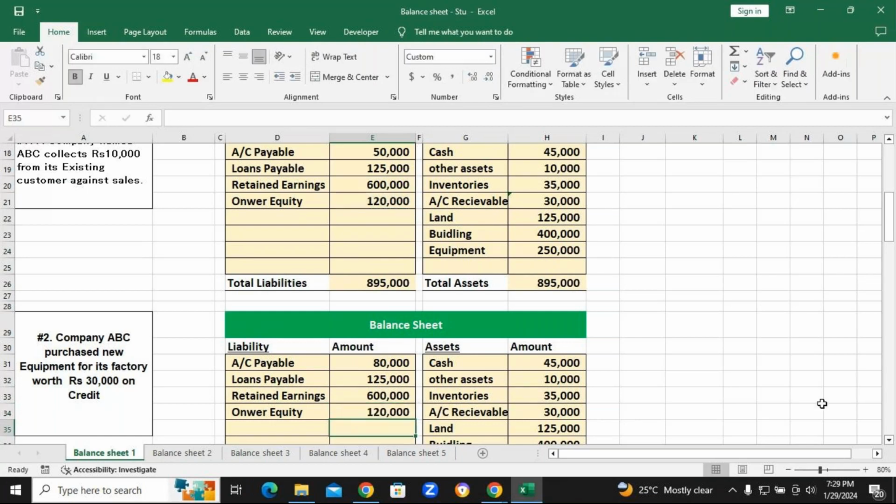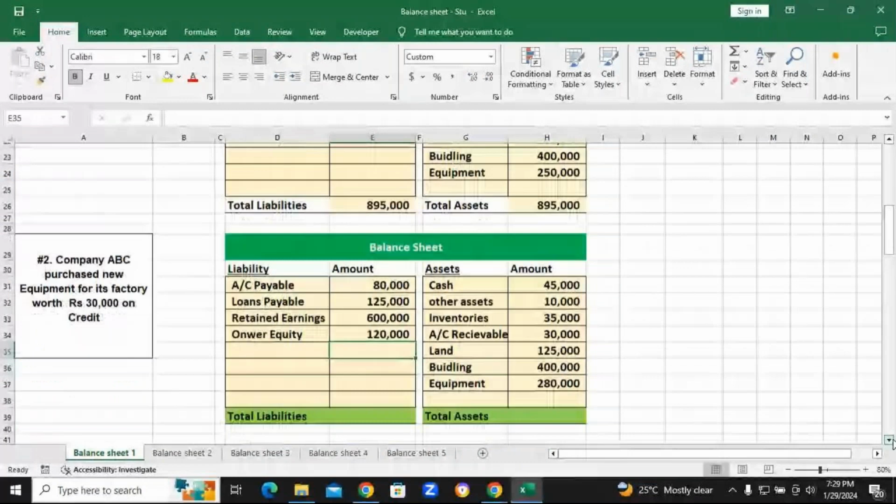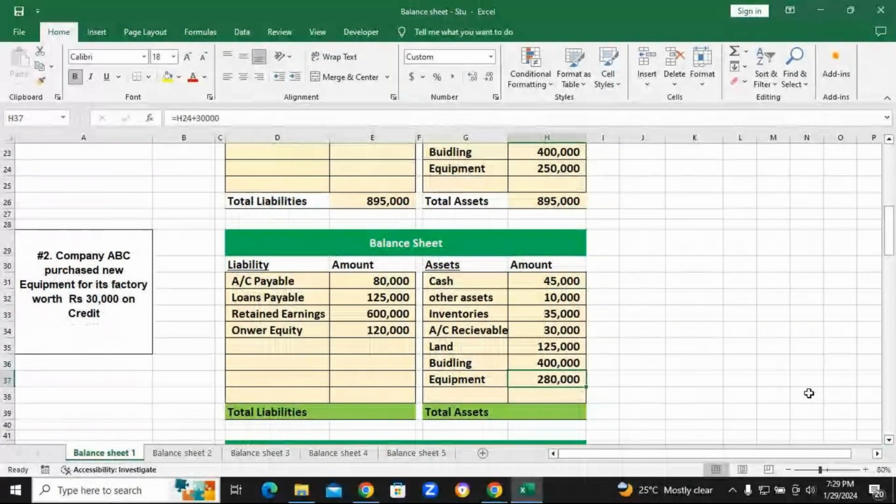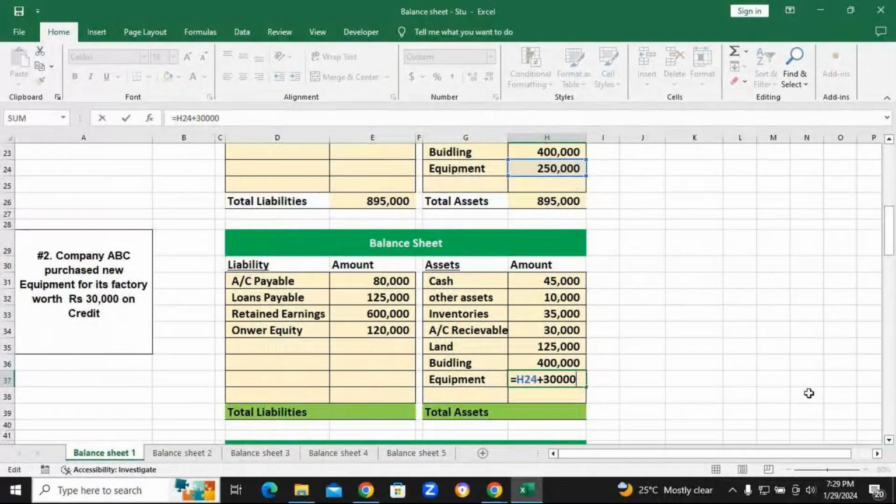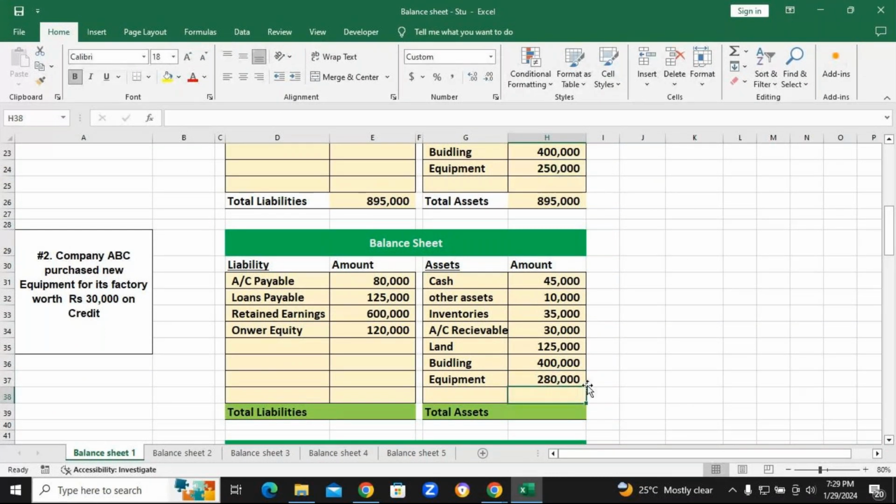So now here, in equipment I will be adding 30,000, and the equipment I have bought, I have not yet paid for it, so that will be carried on with your account payable. The amount will get added to the account payable, meaning I am supposed to pay this much now. So assets equals, and this side also total liabilities. Both sides should match. Okay.